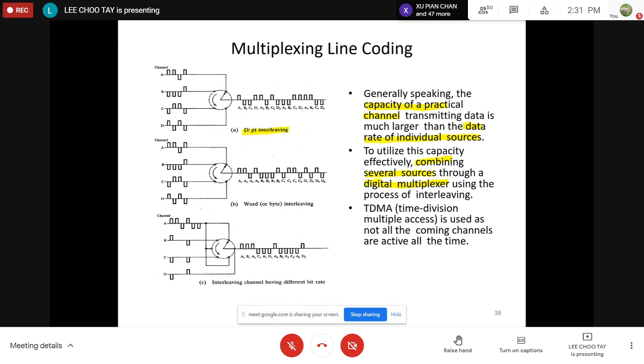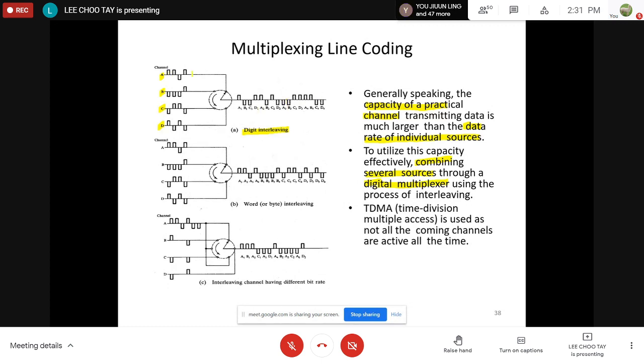Now we have four sources of data: source A, source B, source C, and source D. These are the bit streams from each source. We want to combine the bit streams from these four sources into one, so that we transmit them over the channel. Again, we use time division multiplexing.